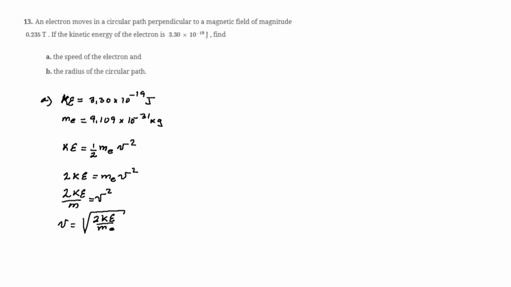So I can now find the speed. I can say the speed is equal to, substituting, 2 times kinetic energy, 3.30 times 10 to the negative 19 joules, divided by the mass of the electron, that is 9.109 times 10 to the negative 31 kilograms.